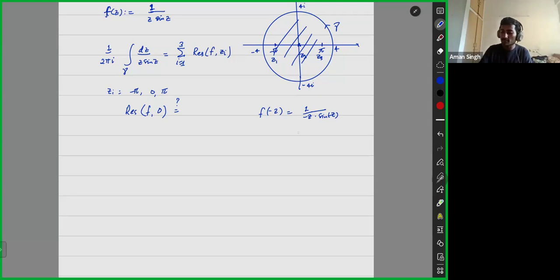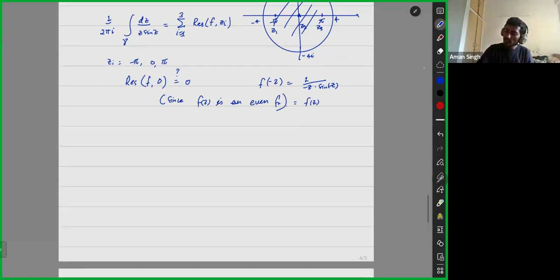Minus minus becomes plus and it becomes f of z only. So f(z) is an even function. And we have seen that just in the previous question maybe: for an even function, the residue is 0, since f(z) is an even function. This residue calculation was pretty easy. What happens in other cases is maybe difficult, but not that difficult.